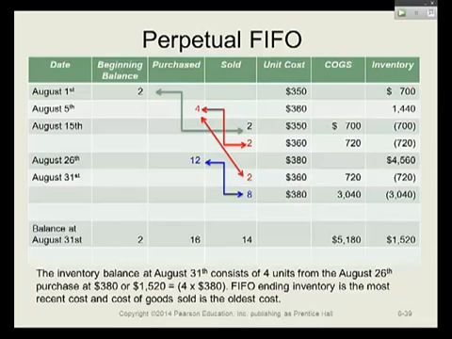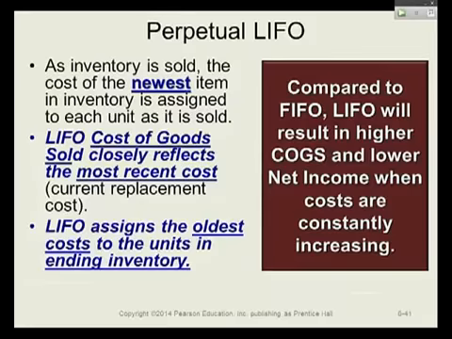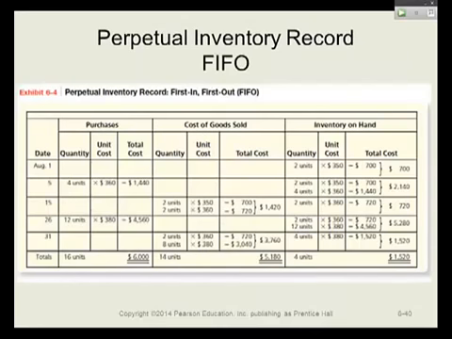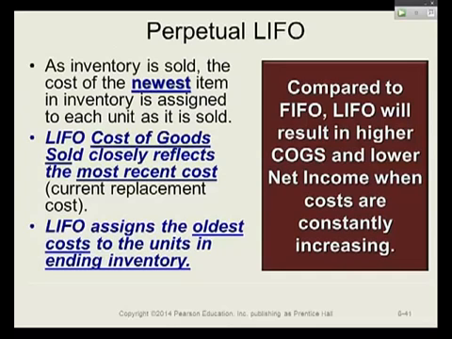Now, this next method, and incidentally this is just a summary of that, a formal perpetual record. Here's the LIFO method, and this one is odd. The LIFO method says that your ending inventory is your oldest cost: the last ones in are the first ones to be sold, and the oldest inventory is sitting in inventory.